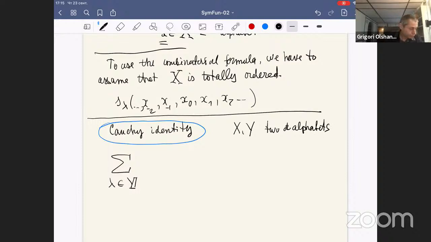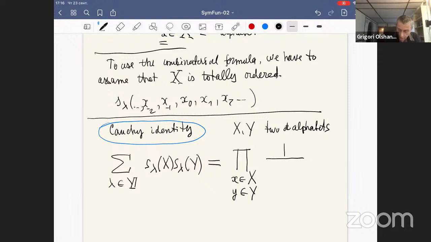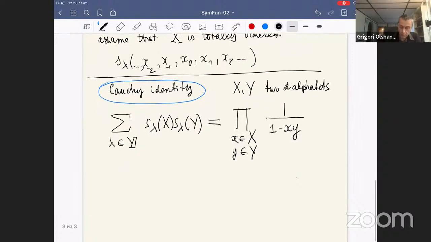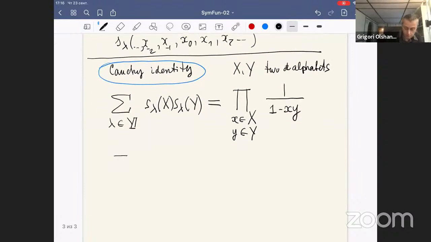and take this sum, and the result is the product over small x's ranging over this alphabet and the letters over the second alphabet, and the product is like this. Or if you wish, we can write it in something like this.